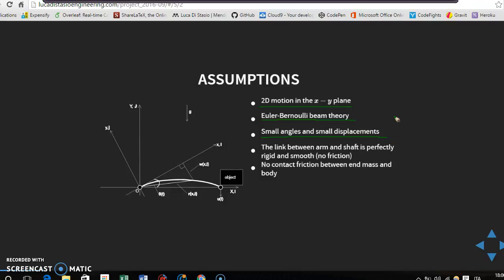So we are assumed to work in a situation of small oscillation around the equilibrium, and the link between the arm and the shaft, so this point here, is assumed to be perfectly rigid and smooth, and furthermore no friction is present between the object and the tip mass.